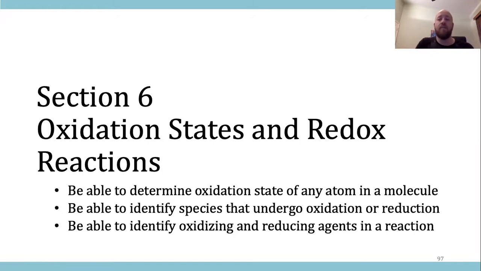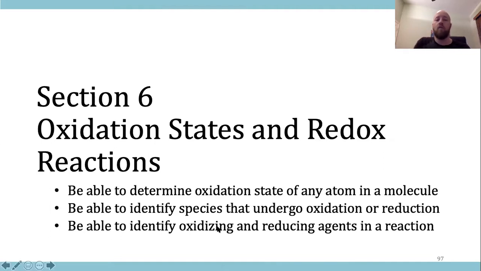If you got those parts right, you should be fine in this first step, because oxidation reduction is about exchange of electrons. You have to know what the electron state is to start with, and determine what it is at the beginning and end in order to determine how it's changed.